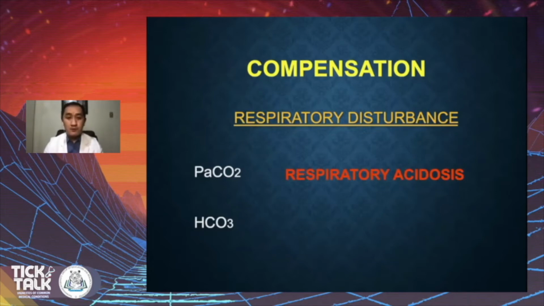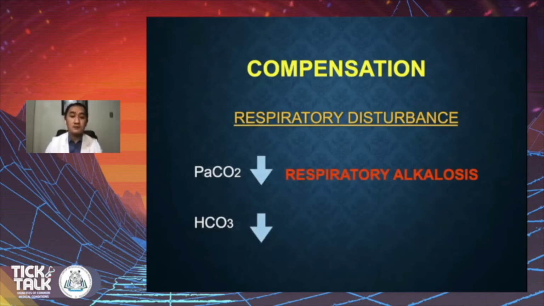For example, in respiratory acidosis, the level of arterial CO2 is elevated, and to counteract this disturbance the level of bicarbonate increases. And when we are talking about respiratory alkalosis, the arterial CO2 level is low, and to counteract this disturbance the level of bicarbonate decreases.